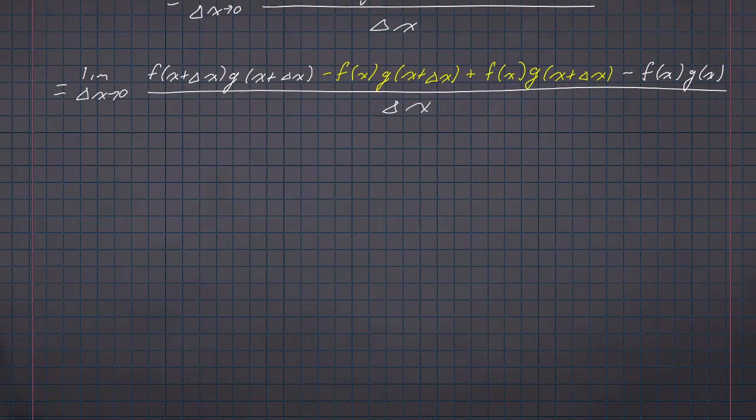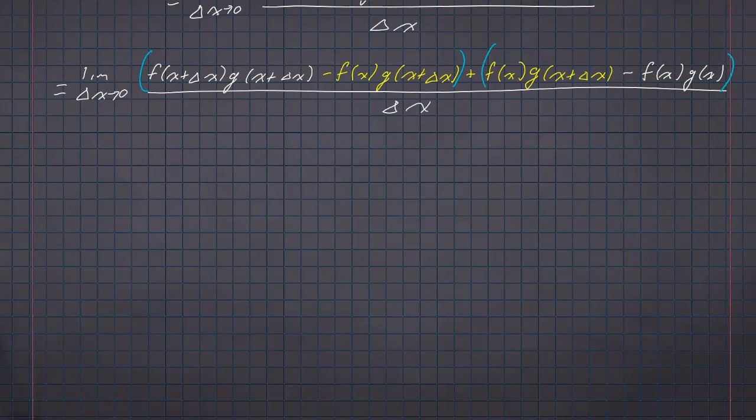My next step is going to be to group the first two and the last two. Adding and subtracting the same thing does nothing. The way to make it do something is to find a way to split up those two things that would cancel each other out.